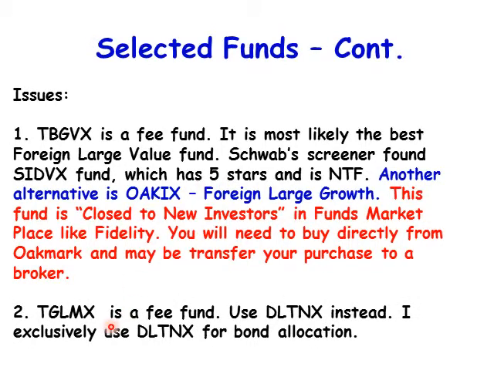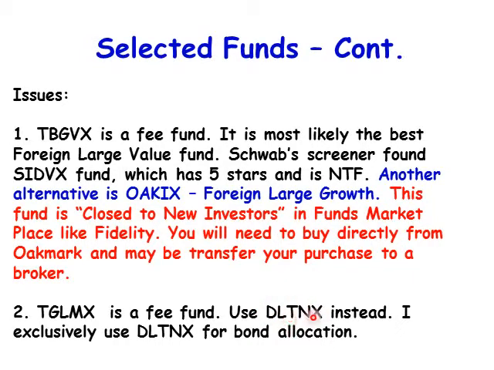So TGLMX is a fee fund, and they use DLTNX instead. DLTNX has a shorter history. I use TGLMX for all the analysis, and personally I exclusively use DLTNX for bond allocation.